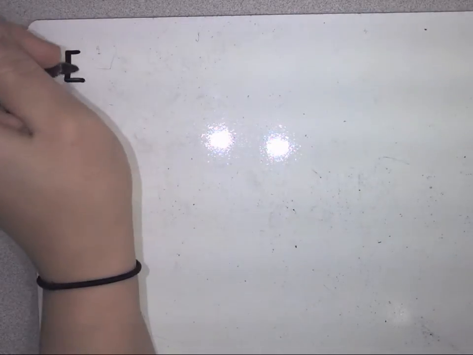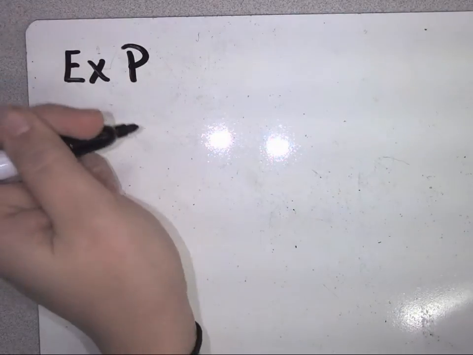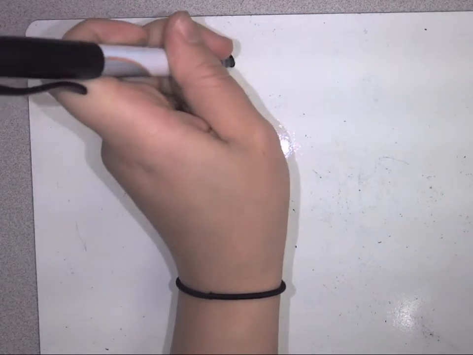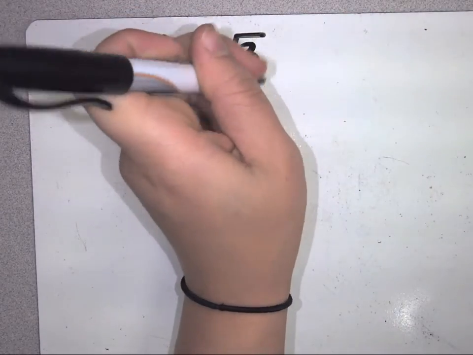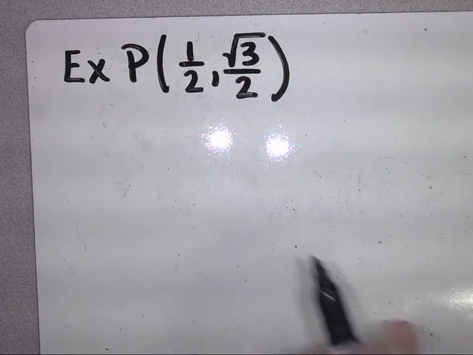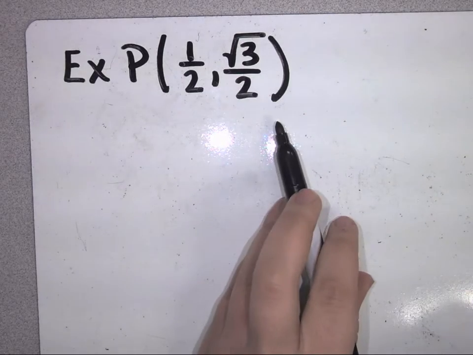So what that means, and literally it's the easiest thing you've ever seen in your entire life. If I give you this example, P of 1/2, square root of 3 over 2. It says the terminal side of an angle in standard position intersects this point.